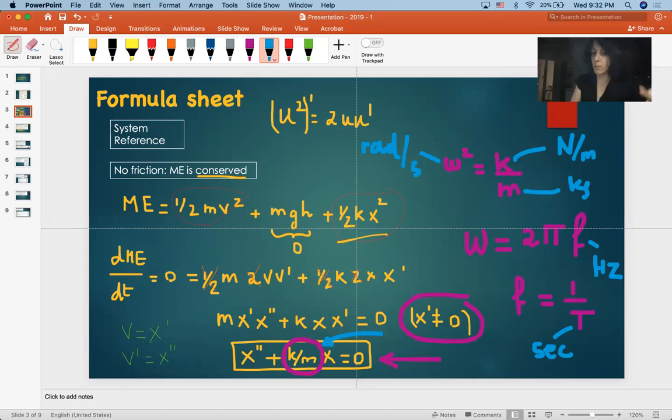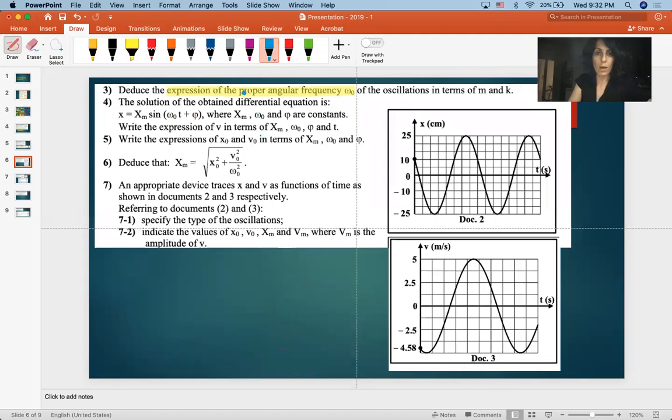How do you find W? You say this is W squared, hence W equal to, and you're gonna write the equation. So I'm gonna simply write that W is the radical K over M. In this problem, they're calling it W0 because it's the proper angular frequency of your system. So done with item 3.